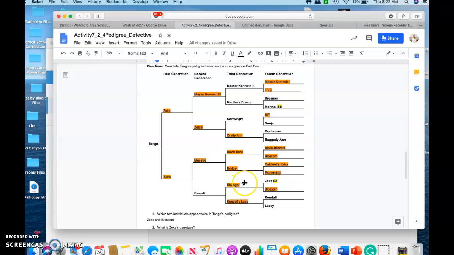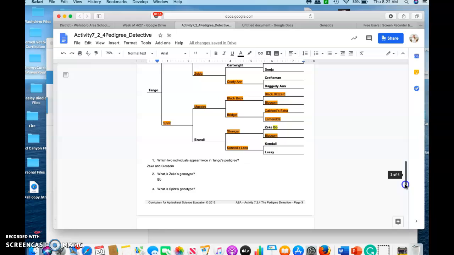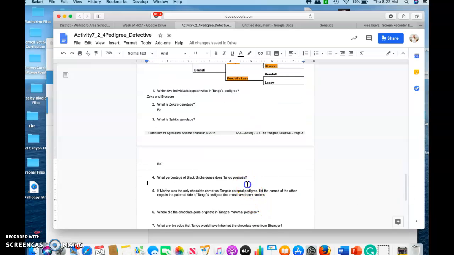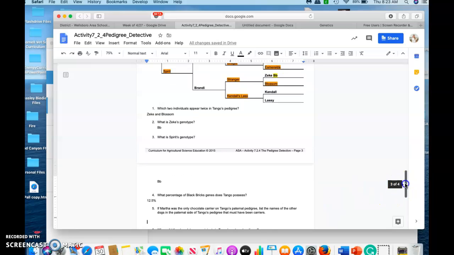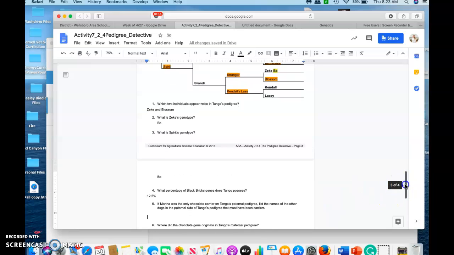And that means, if we halve it again, Tango possesses 12.5% of Black Brick, Bridget, Stranger, Kendall's Lass, Crafty Ann, Cartwright, Martha's Dream, and Master Kenneth II. So it would be 12.5%. And pedigrees always work like that.